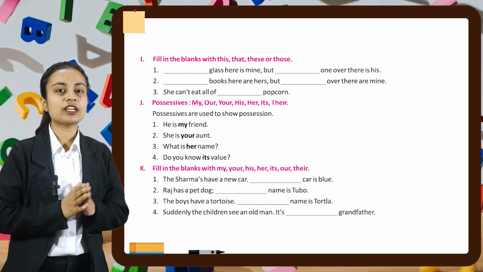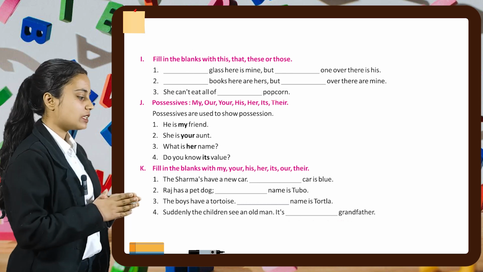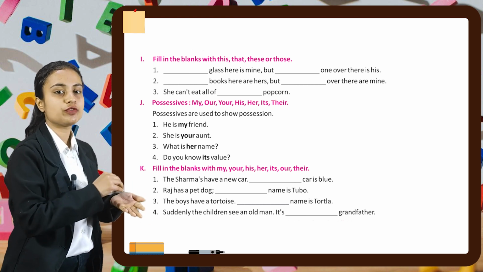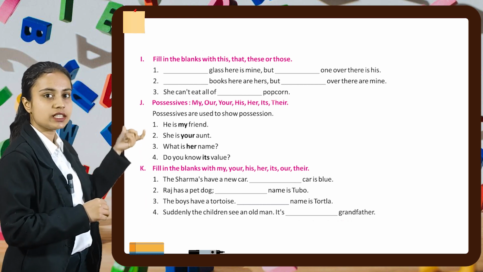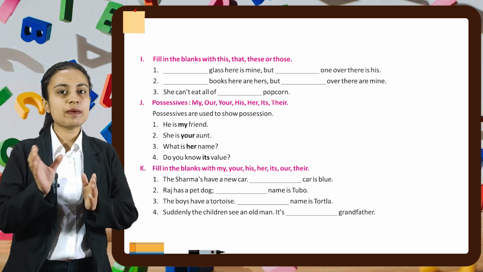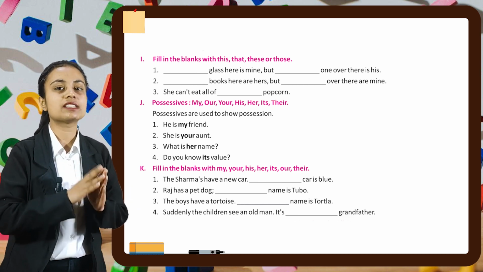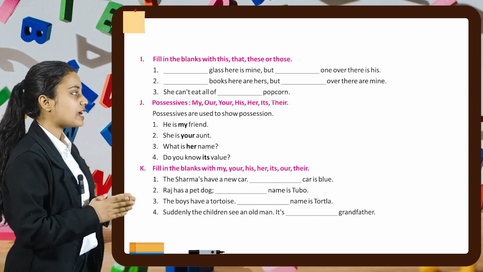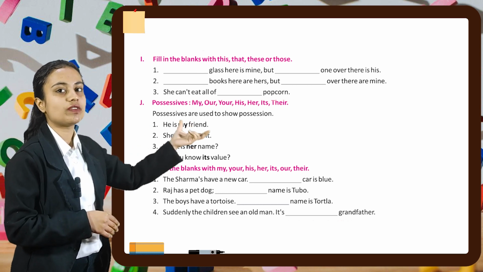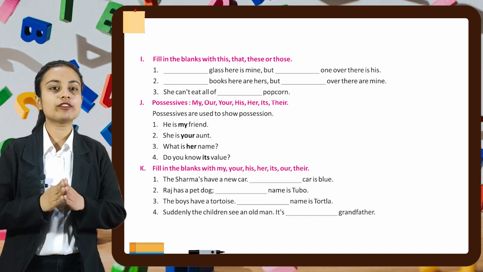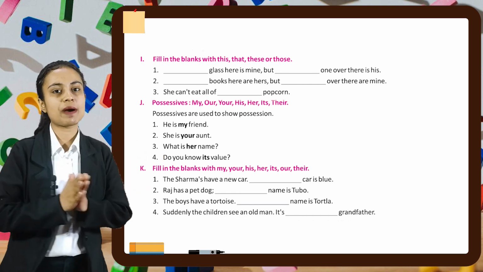So in the first part of the sentence, we are talking about the glass which is here. So we will write, this glass here is mine. In the second part, we are talking about the glass which is over there. That means that glass is at a distance. So we will write, but that one over there is his. In this way, you have to do the second part of the exercise by yourself.